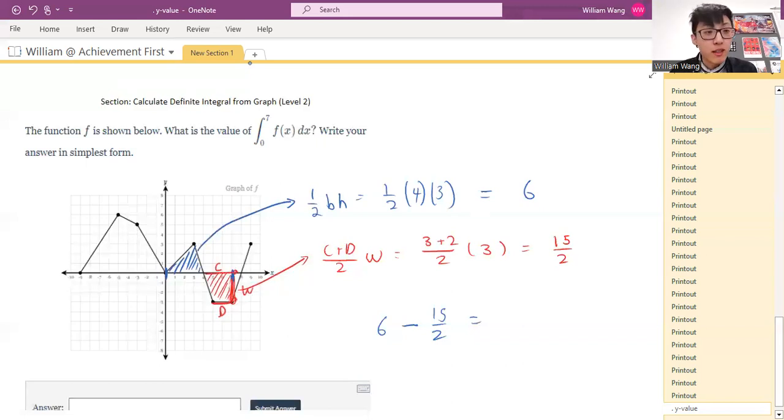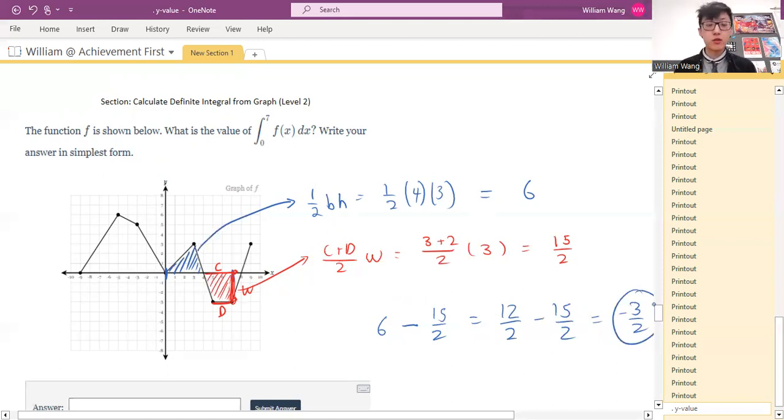If I were to write this in simplest form, I'm guessing I need to combine these. So I'm going to write 6 as 12 over 2 minus 15 over 2. This allows me to combine these into a single fraction. And this fraction turns into negative 3 over 2. So that would be your final answer, negative 3 over 2.